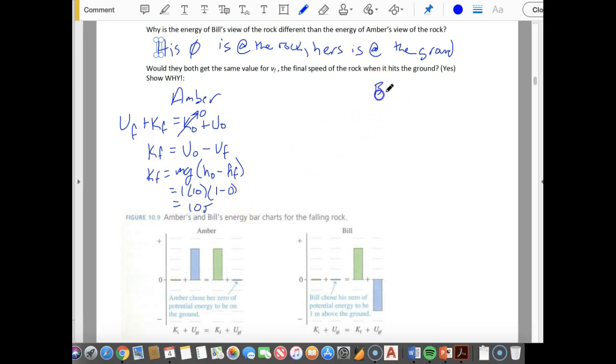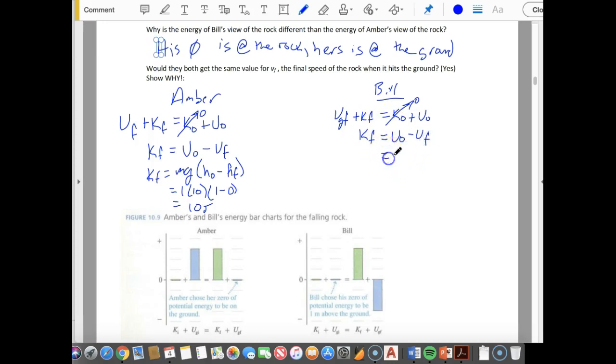For Bill, on the other side, we have the same equation, U_F plus K_F. Remember, this is really U_GF because it's potential energy due to gravity. That's equal to K original plus the original potential energy. We know the original kinetic energy is 0, so our final kinetic energy is equal to the original minus the final.